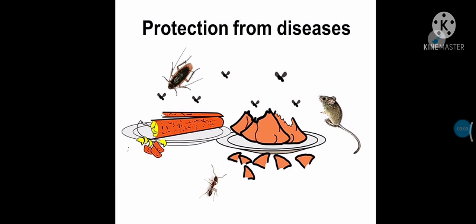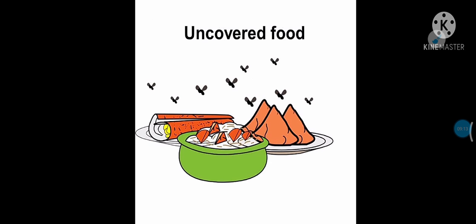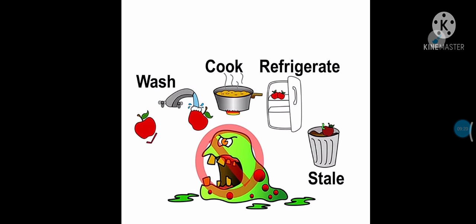Similarly, protozoa can also be carried by other insects like cockroaches, ants, and many more. So, it is advised that we should never eat uncovered food. Always wash the food before you eat, or cook the food properly, refrigerate it, and do not eat the stale food.